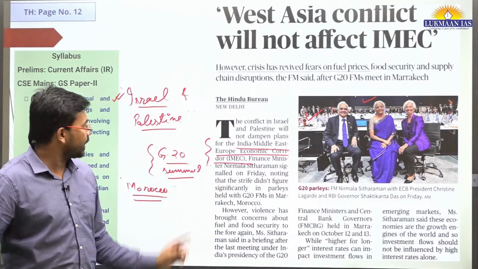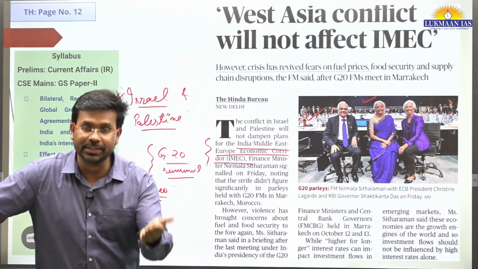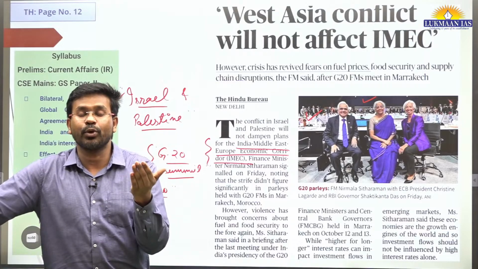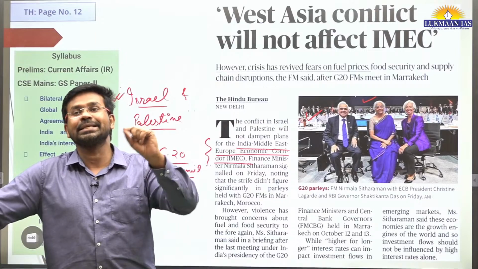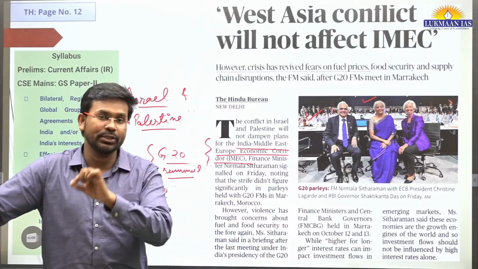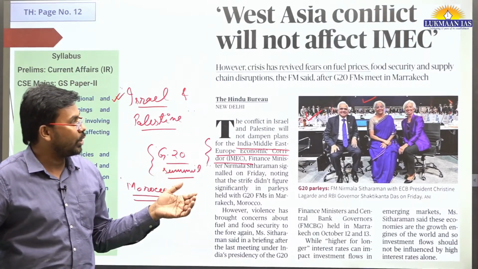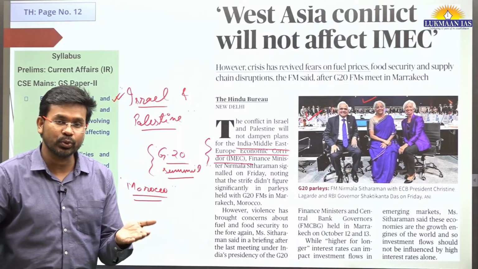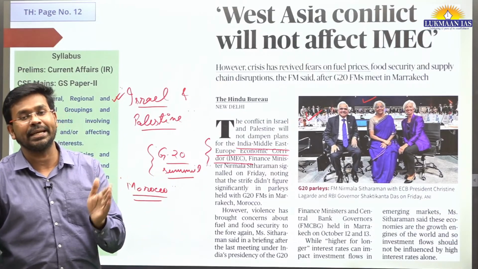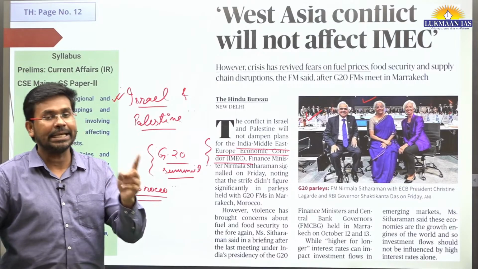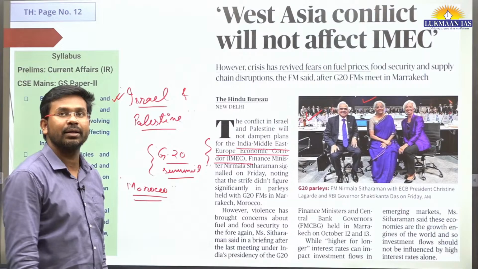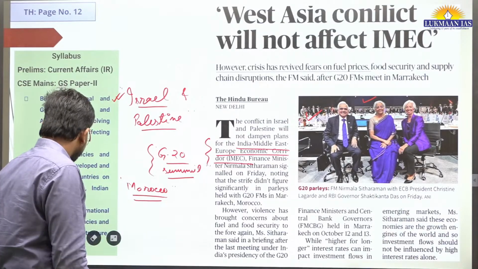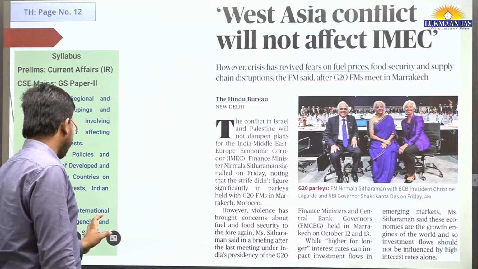But the issue is that because of this conflict, prices of oil and commodities in the international market are going to go up. That will make those goods costlier in India also. In that manner, the Indian economy may get affected, but the corridor is not going to be affected. This is what the finance minister said in that meeting.